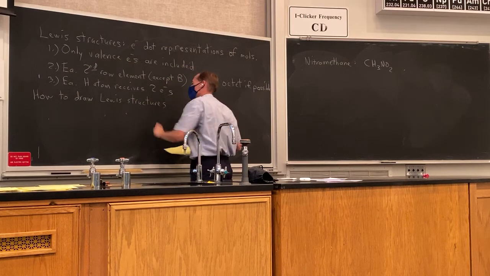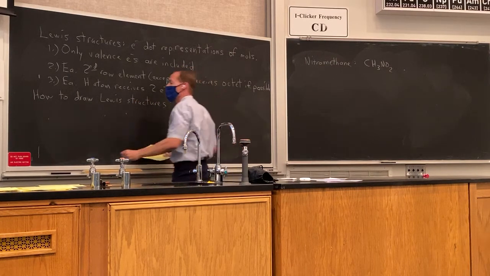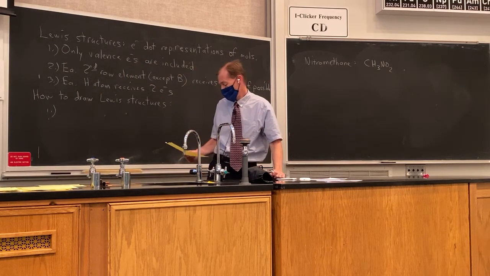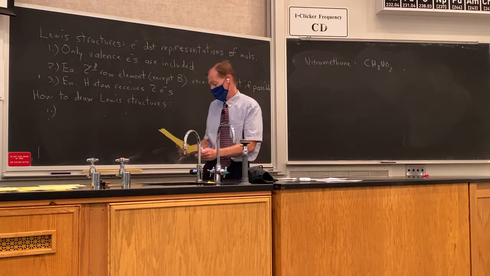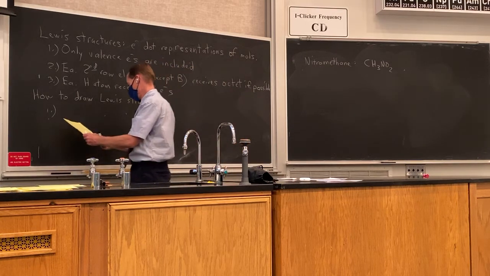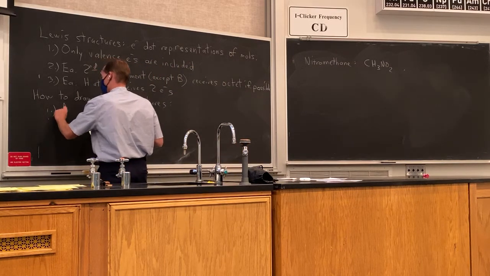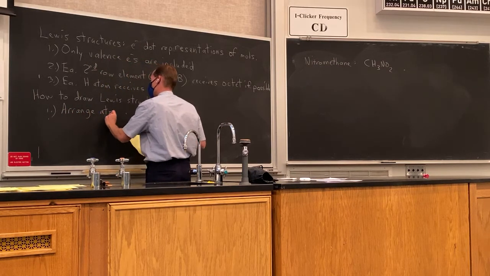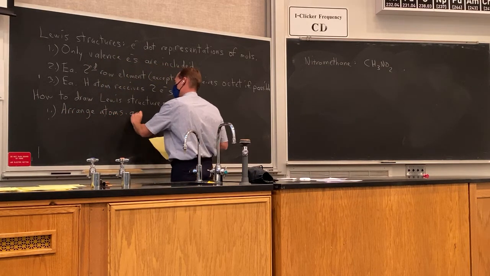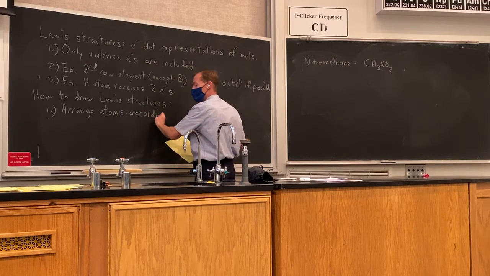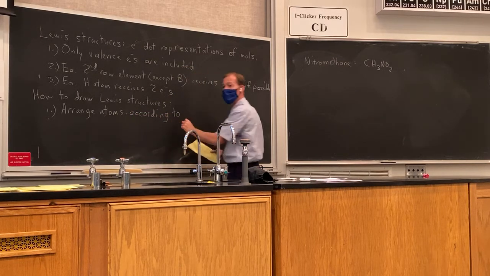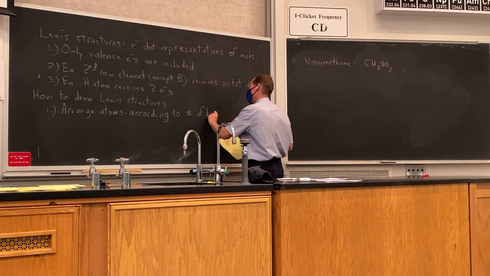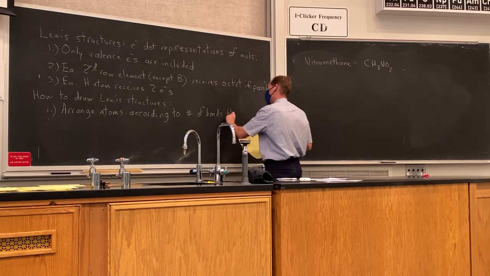Okay. So our first step that we're going to take in drawing a Lewis structure is we're going to arrange the atoms according to the number of bonds they form.